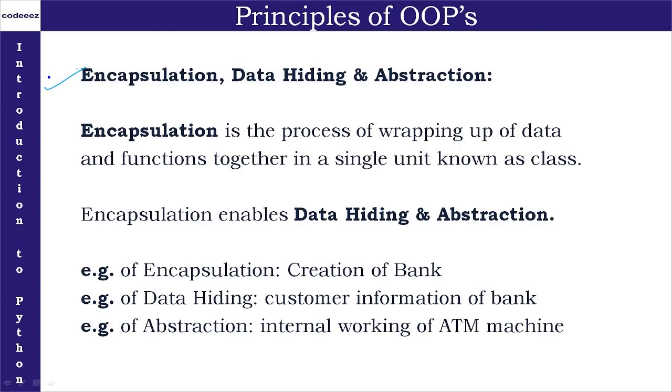So by definition, you can say it as the process of wrapping of data and function together in a single unit, because we already know that class is a collection of data and function. So wrapping of data and function together in a single unit, and that single unit will be termed as class. This process is known as encapsulation. And because of encapsulation, we achieve the concept of data hiding and abstraction, right?